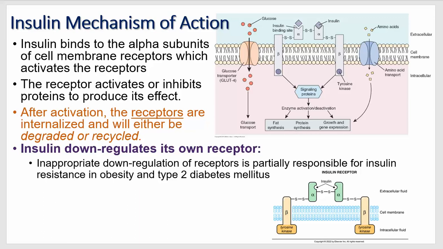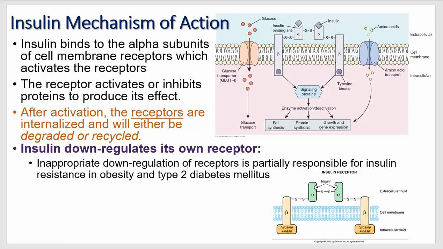We have growth and gene expression. Growth and expression is activated also, so affected by insulin. Okay, so when we talk about growth, maybe we're talking about muscle growth, but gene expression overall is taking place. Okay, so things are happening inside the cell.